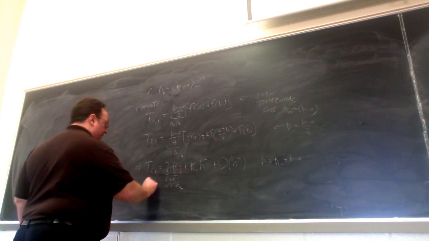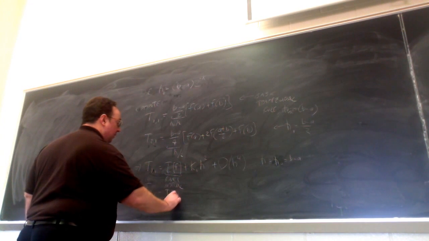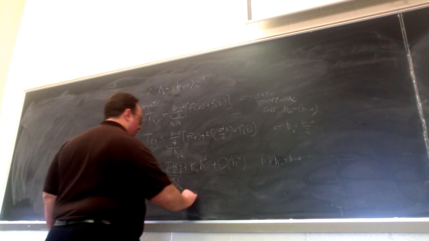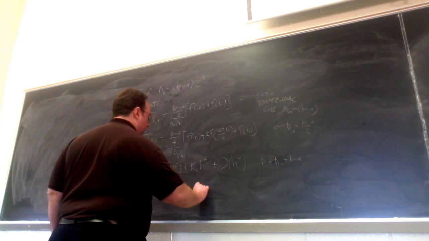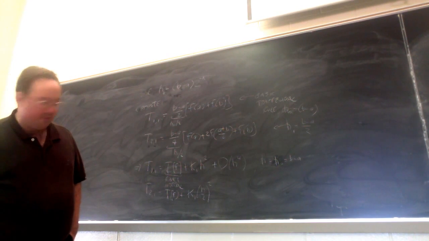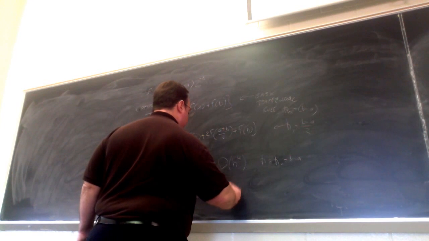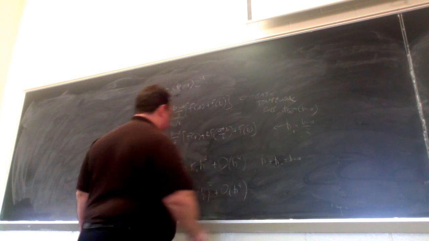And then the next approximation is equal to the exact value plus an error term k1 (h over 2) squared, plus, again, order h to the 4th.